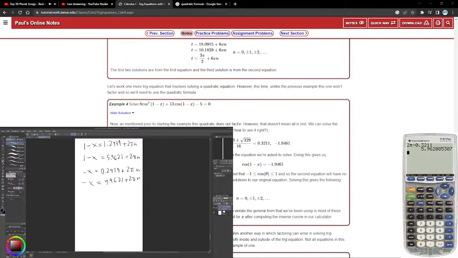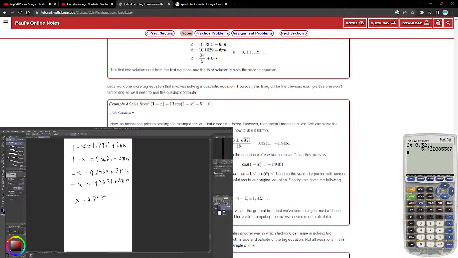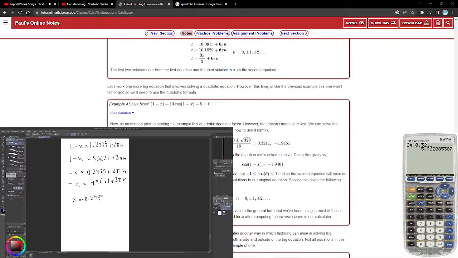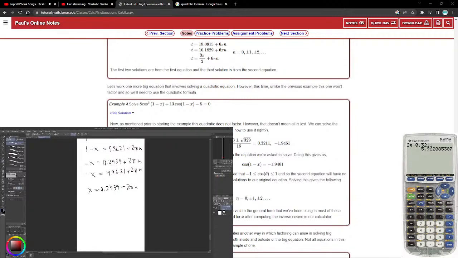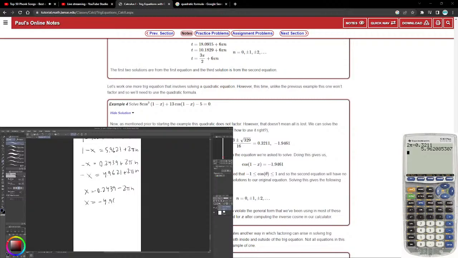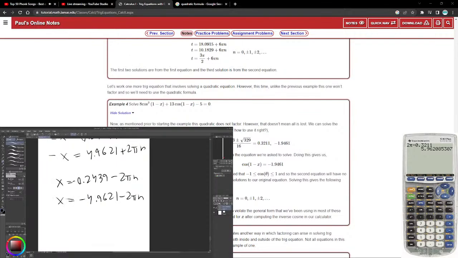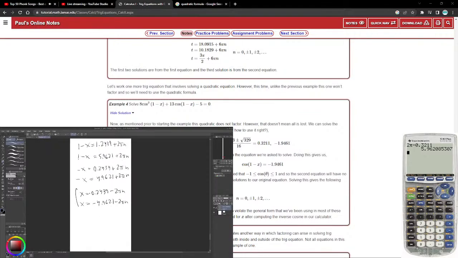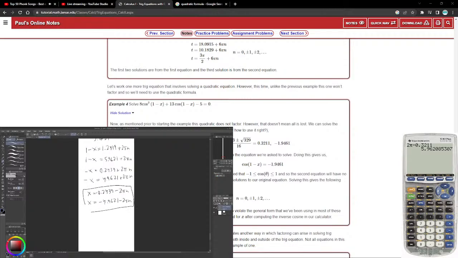Divide by negative 1. x equals negative 0.2439 minus 2 pi n, x equals negative 4.9621 minus 2 pi n. Alright, we'll see what he does about these negatives, or if he just leaves it. For now, I'm not going to box him in. This is what I got.